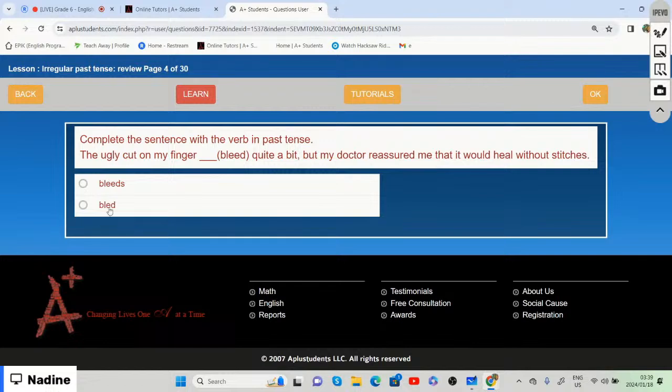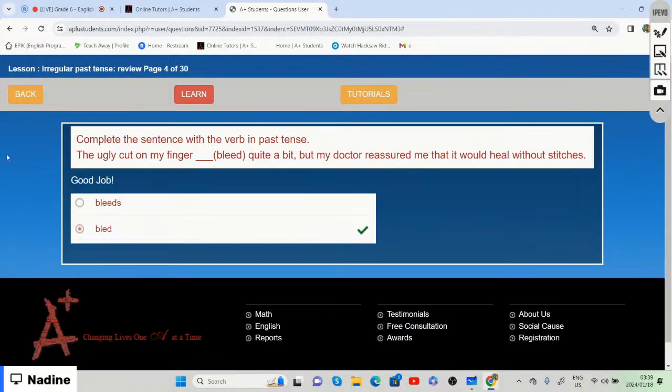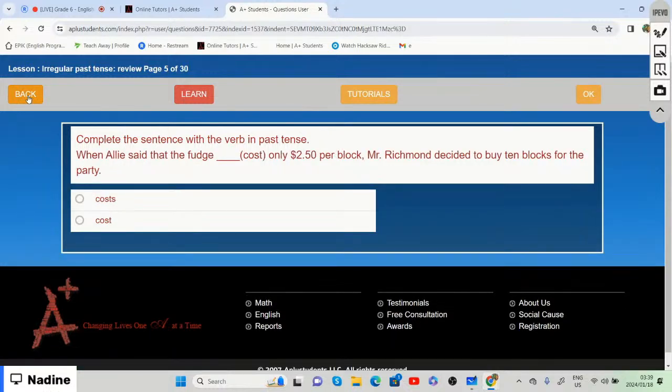All right, so we're going with the second option, which is bled. And that is correct. So well done.